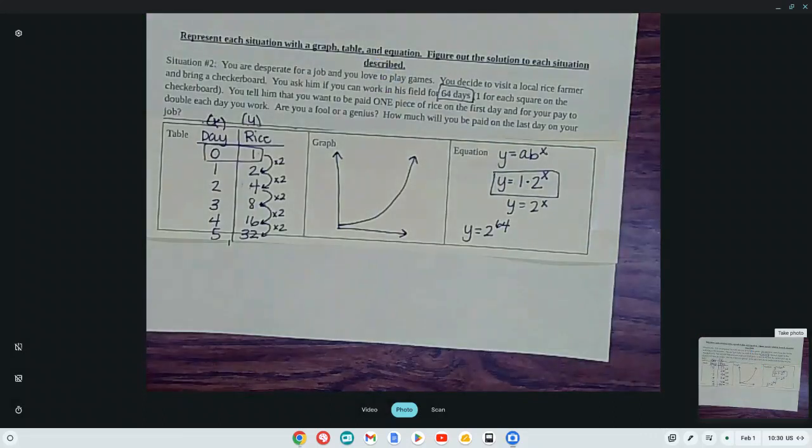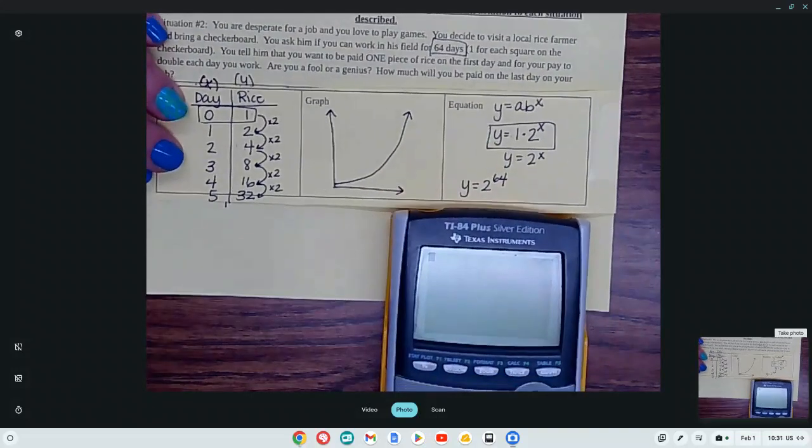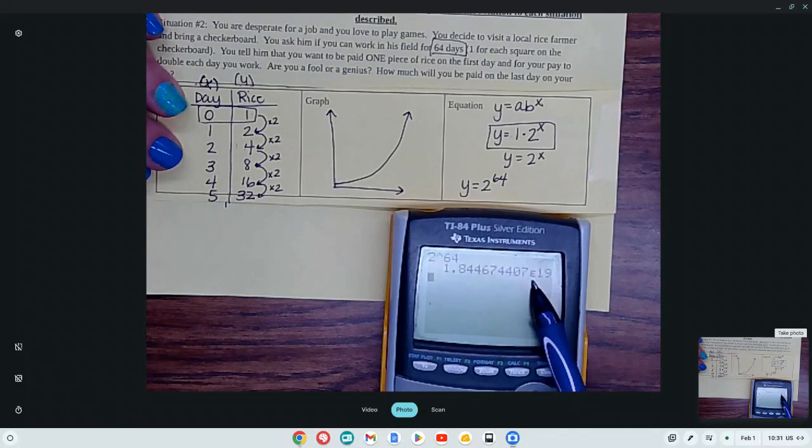Now, I'm going to tell you this is going to be a pretty big number. Okay, in fact, it's going to be probably in scientific notation on your calculator because it's going to be such a humongous number. Okay, but let's see what this looks like. So 2 raised to the 64. Oh, yeah. Remember this here, this means scientific notation. So you're talking like move your decimal place over like 19, right?